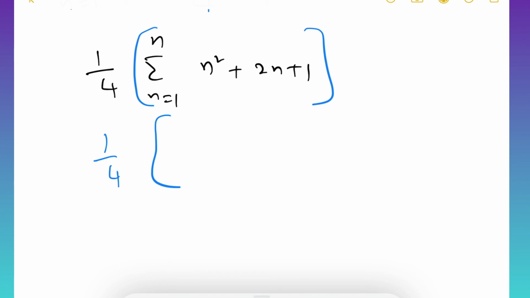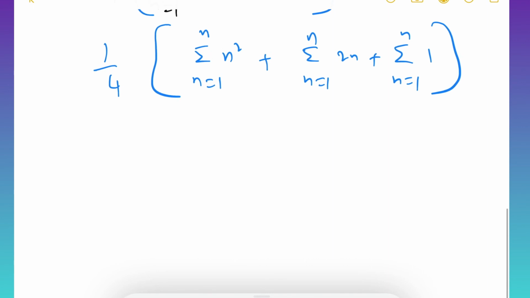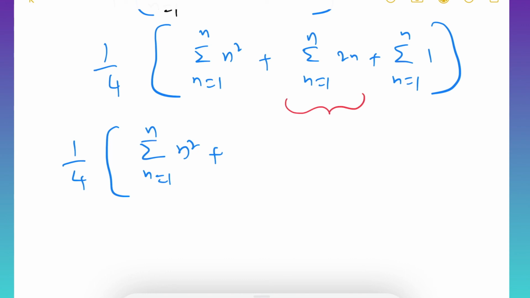Now I will separate one by one. Sigma n equals 1 to n of n square, plus sigma n equals 1 to n of 2n, plus sigma n equals 1 to n of 1. Here outside we have 1 by 4, that 1 by 4 as it is, into sigma n square, plus here the second term we have sigma 2n.